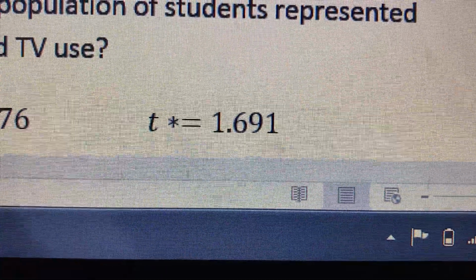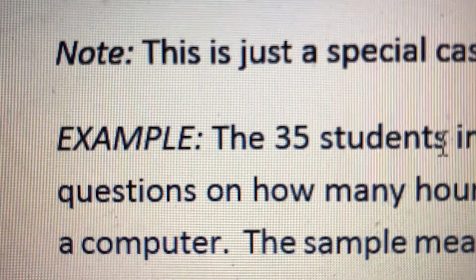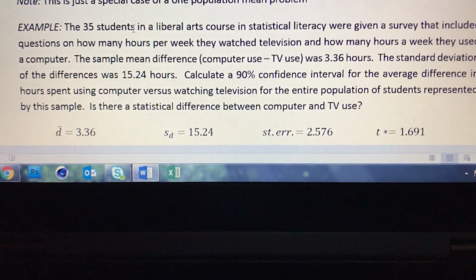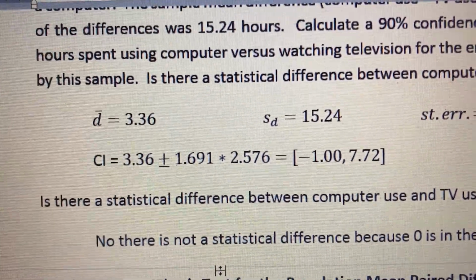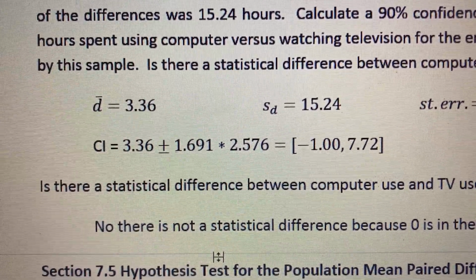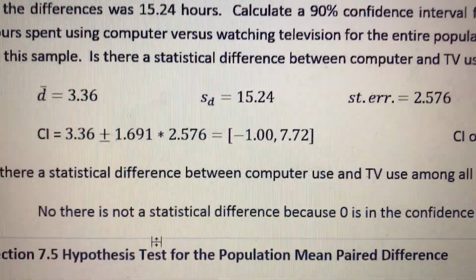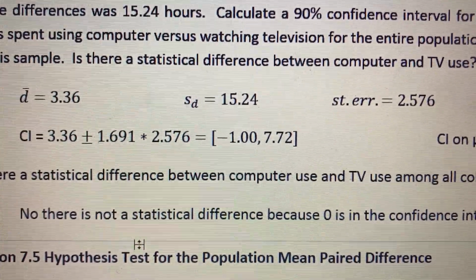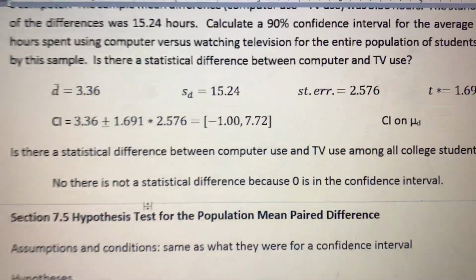We look up our T-star multiplier for a 90% confidence interval with 34 degrees of freedom, and we get 1.691. Our whole confidence interval will equal 3.36 plus or minus 1.691 times 2.576. We plug that through, and our confidence interval goes from negative 1.00 to 7.72.